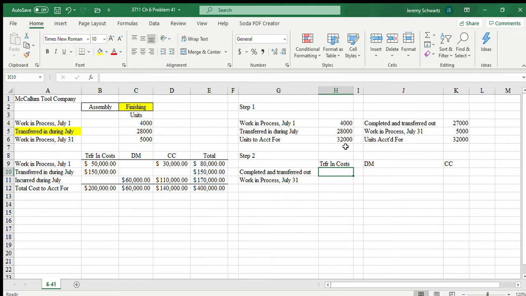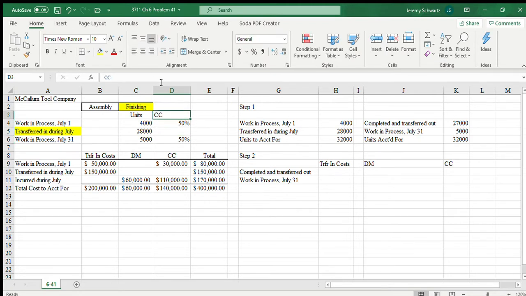So this is something that we'd have to go back to the source data to see, well, the units for conversion costs were 50% complete at the beginning and 50% complete at the end. So for conversion costs, we would have the 50% here and 50% here.